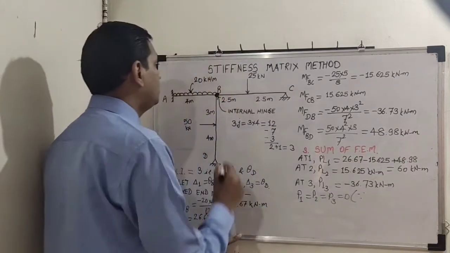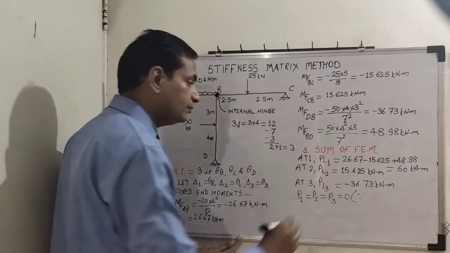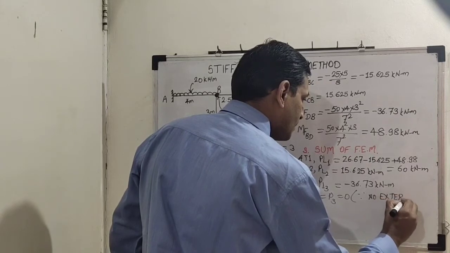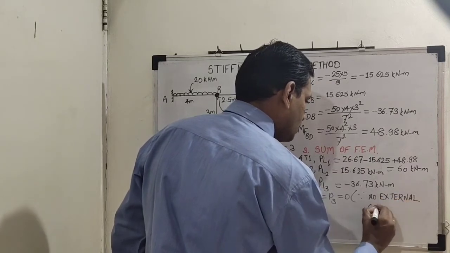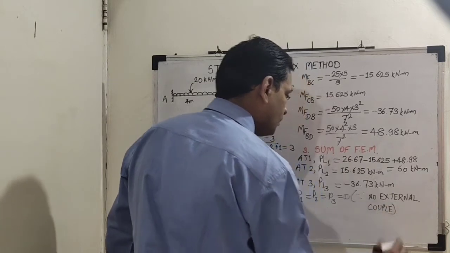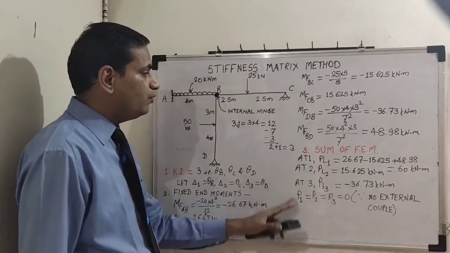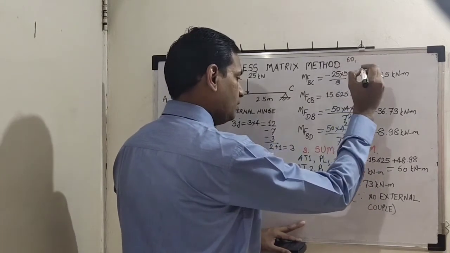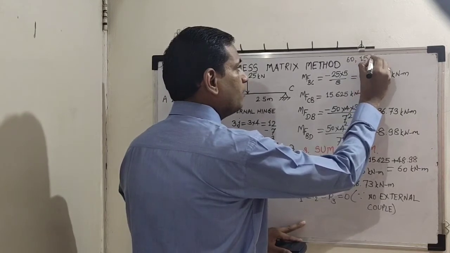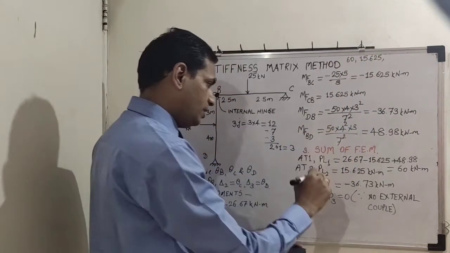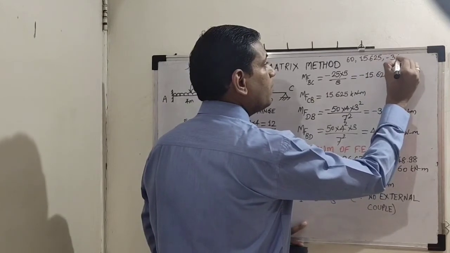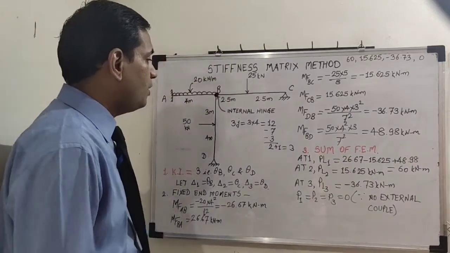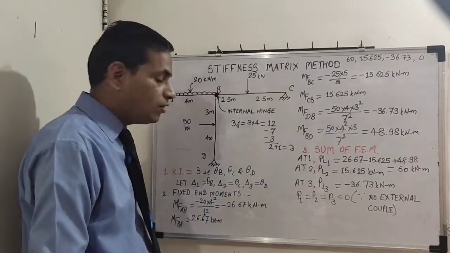Why? No external couple. So these 3 values we have got. I will note them down here: 60 is PL1, 15.625 is PL2, and PL3 is minus 36.73, and P1, P2, P3 all are 0. Just for reference we have written them in the corner.